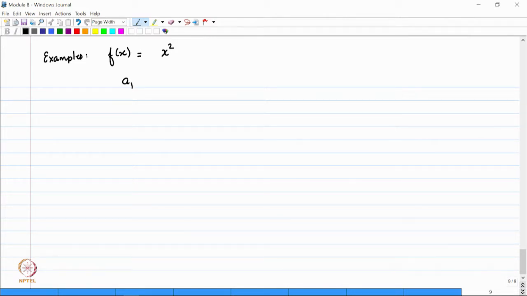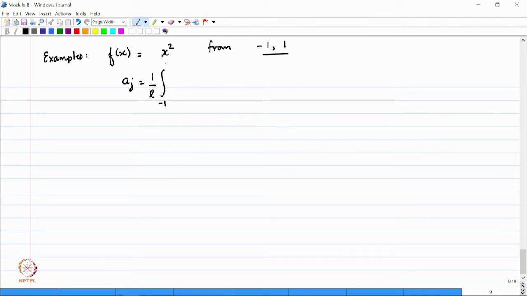So, then what you will say is that a j is equal to 1 over L integral minus L to L. And again I will take the interval, let me take the interval from minus 1 to 1. I am choosing my interval as minus 1 to 1.